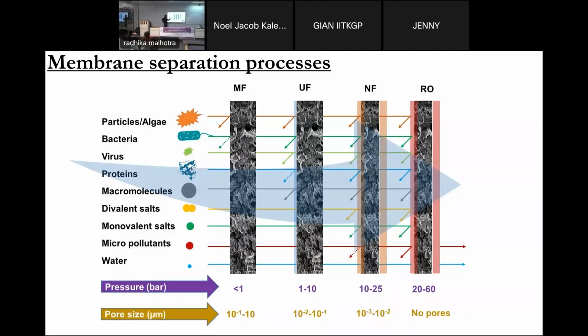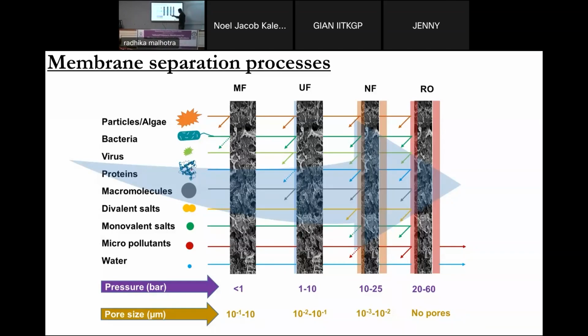So here you have all the examples: bacteria, which can be partially removed by microfiltration, and can be removed 100% by ultrafiltration and follow-up processes. Macromolecules can pass through microfiltration and can be rejected by ultrafiltration and other processes. Micropollutants, look at this one, I have put this dotted line.